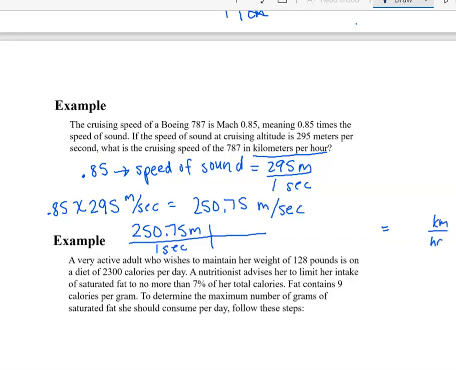So let's work on the seconds first. I know that there are 60 seconds in 1 minute. I know that there are 60 minutes in 1 hour.